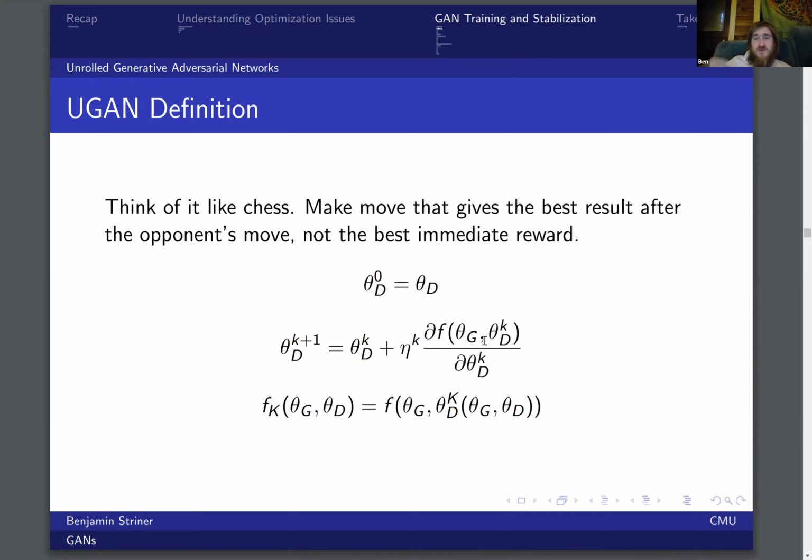And this strategy is supposed to work in basic game theory and basic rock paper scissors, and it actually works in this generator discriminator framework. So that's the definition. The implementation is a bit trickier because basically what it involves is you need to do several updates of the discriminator in memory and then backpropagate through those to find what would have been the best option.